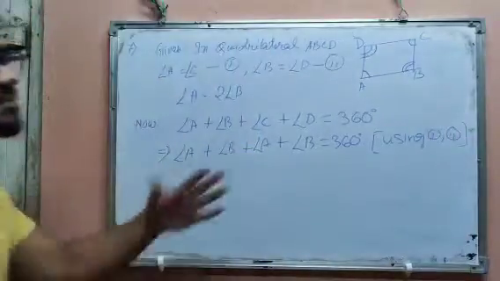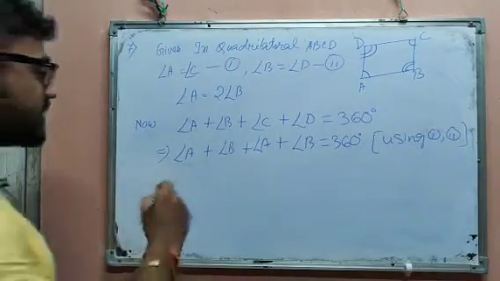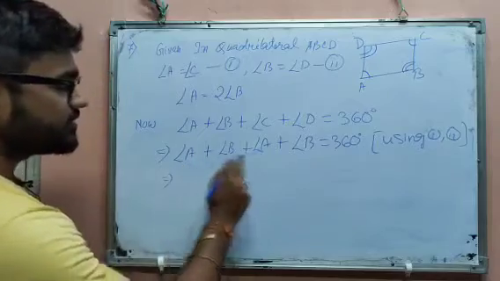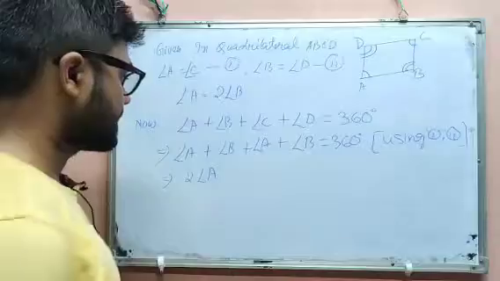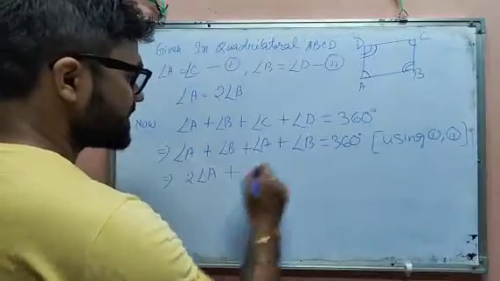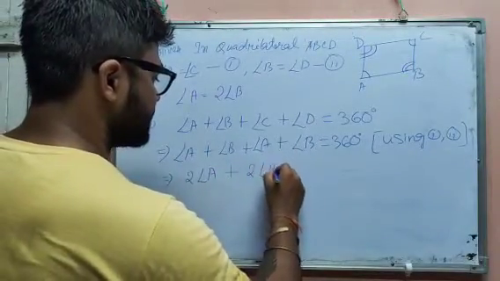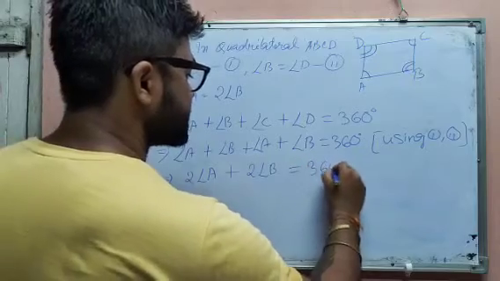We are writing this by using 1 and 2. Then what will happen? Angle A plus angle A, that means twice of angle A, plus angle B plus angle B, that means twice of angle B, equal to 360 degree.